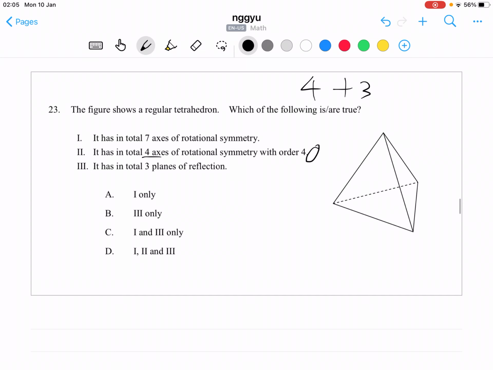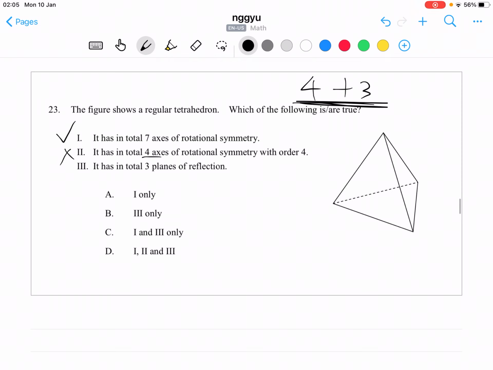So no matter what, you will not have 4. So 2 must be incorrect. And 1, we get 4 plus 3 axes of rotational symmetry, so 1 is correct.